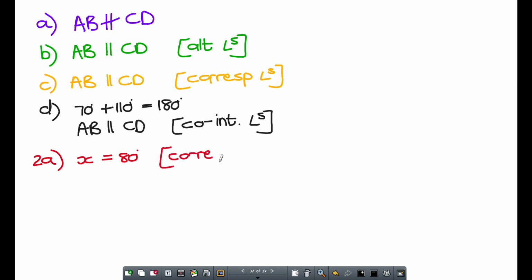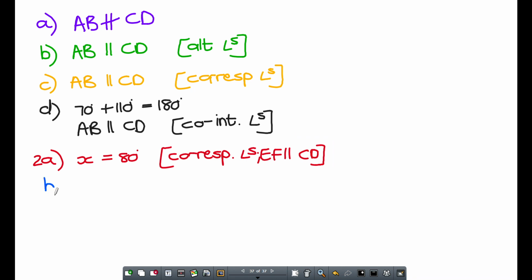Corresponding angles. Because EF is parallel to CD. And remember what we said yesterday. If you don't have this last part, you're not going to get your mark for the reason.